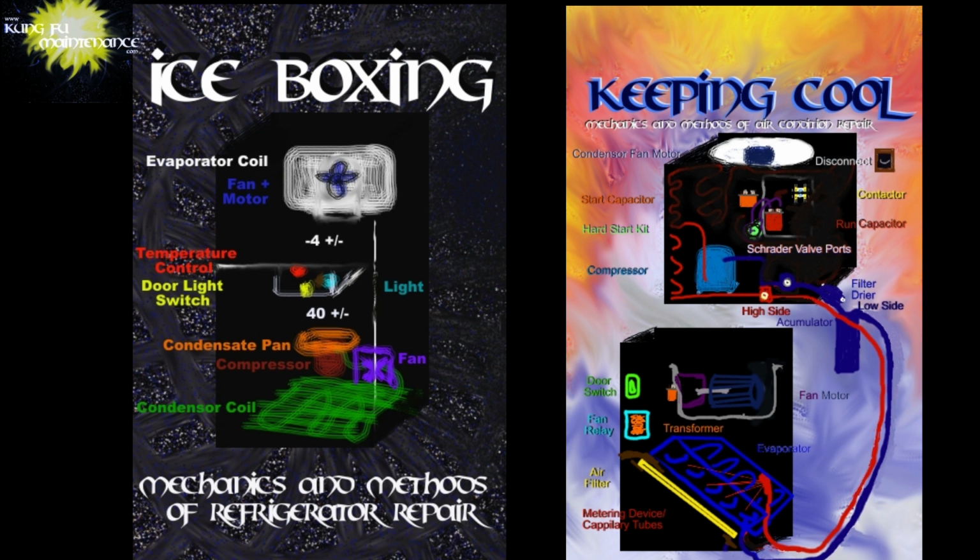For air conditioners, it's conditioned space inside an apartment, a house, a hotel, a hospital, whatever. And you also have walk-in freezers and things like this. They all condition space. They all work by removing heat from inside the unit. How do they do that? They use refrigerant, which boils off at a certain temperature and condenses at a certain temperature.